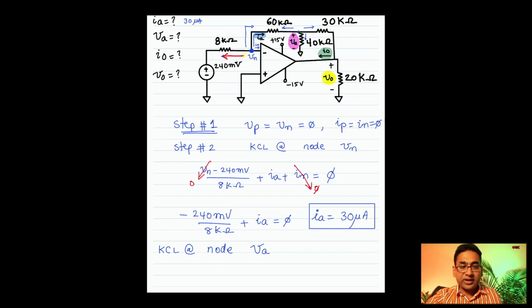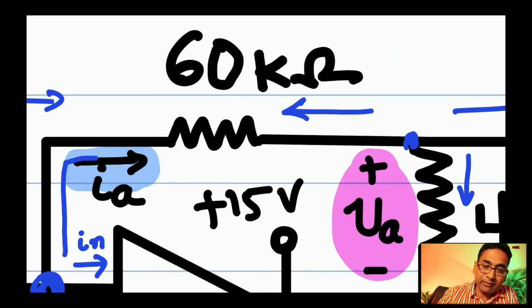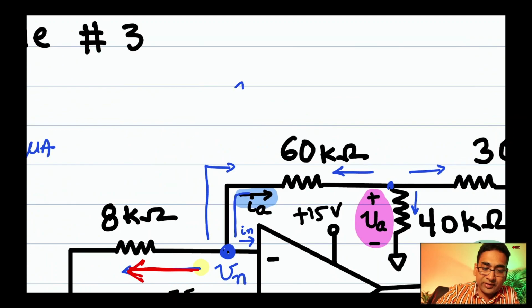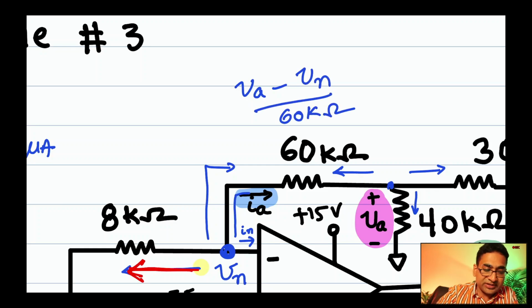Now when you do that, the current going in the left branch is VA minus Vn over 60 kilo ohms. That is the amount of current flowing in this branch.